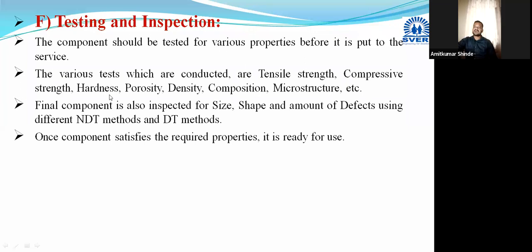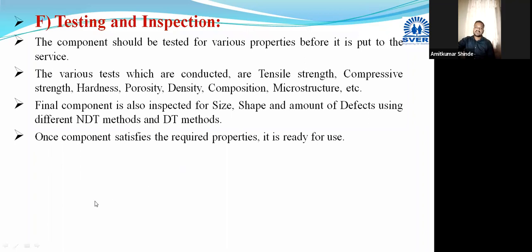So these various testing and inspection methods, destructive or non-destructive, are done to check whether the component has the correct shape and size and is defect free with the desired properties.